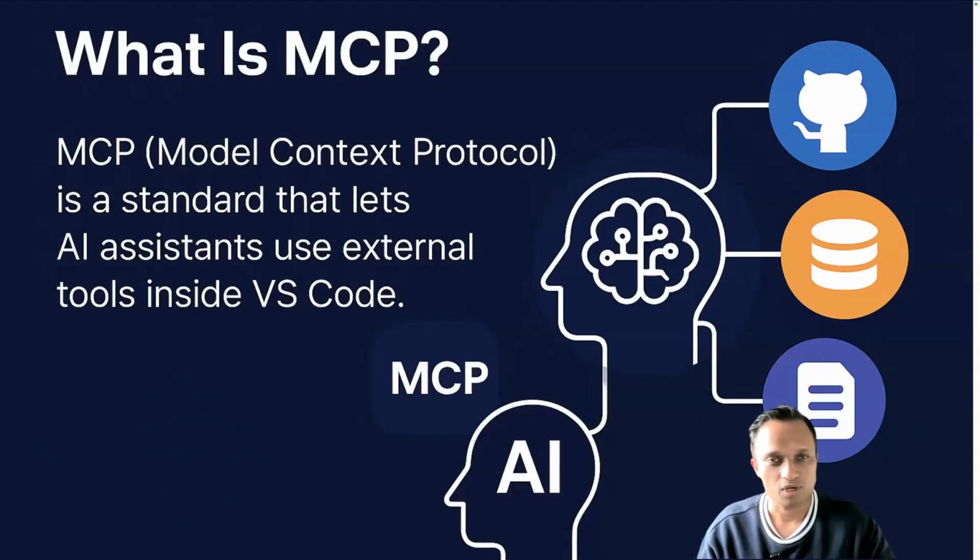So we just follow a standard which is already defined. It's pretty similar to how APIs are defined, right? There is a standard which you follow in order to define or create your APIs, and then how to connect to those APIs. Similarly, you have this standard, which is MCP, and then you can let your AI assistant use the standard to talk to different external tools inside VS Code.